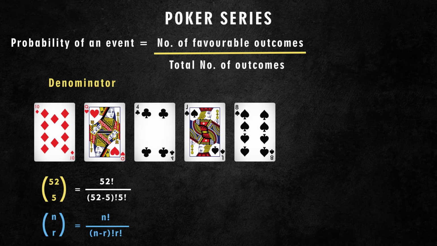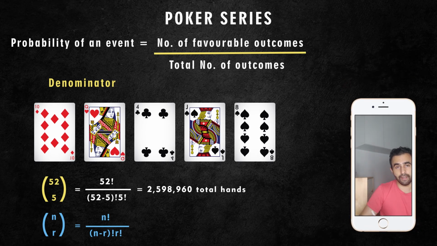When you solve this, you get 2,598,960 total hands. This means that in a poker game, you can get one out of the 2,598,960 hands. That's quite a bit, right? And now you realize how important or how rare it would be to pick certain hands.